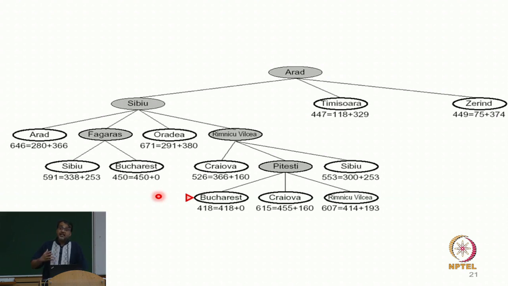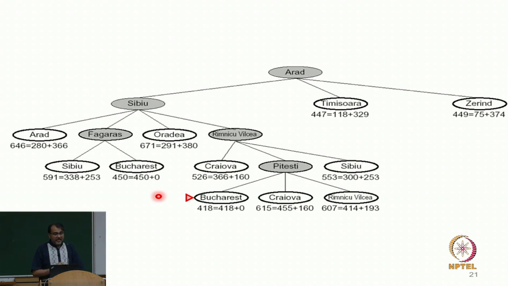At the time I remove the goal from my fringe, that is the time I know that I have found the best path, and again we will prove some of these things, why best in what sense.